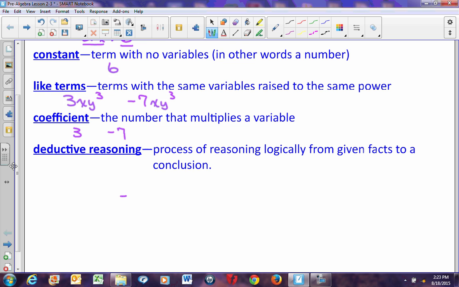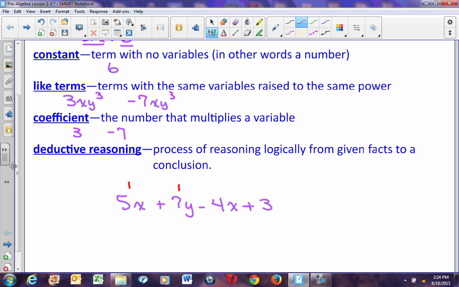Let's say we have 5x plus 7y minus 4x plus 3. In this particular algebraic expression, we have four terms. Okay?